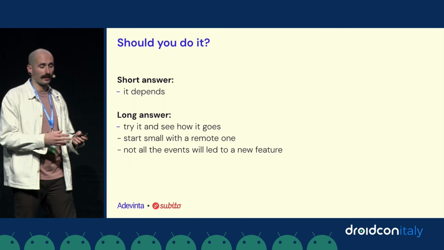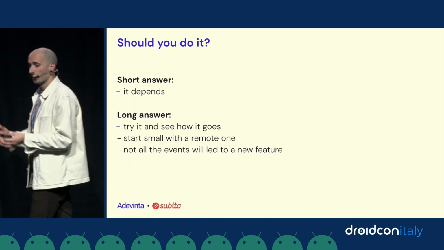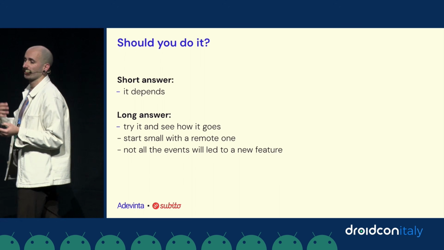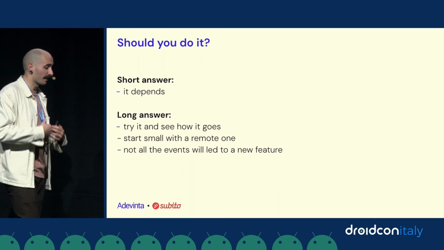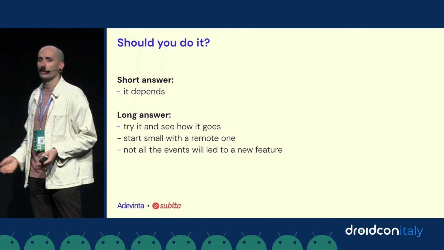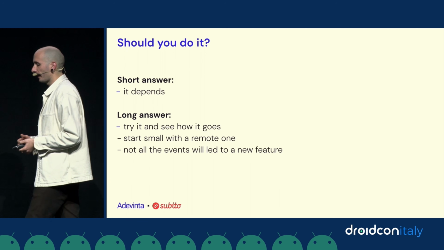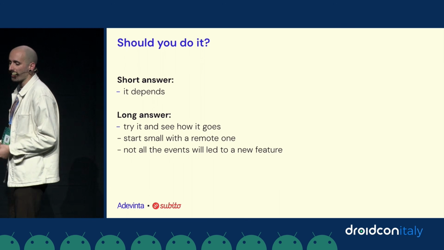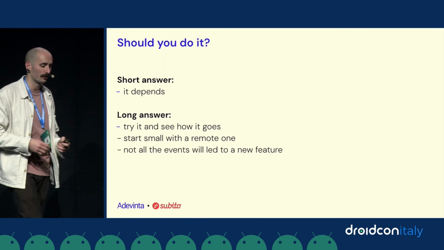So UX started designing features in more accessible ways. We, as developers, started testing accessibility as we built. So it was an improvement anyway, even if no feature went to production.